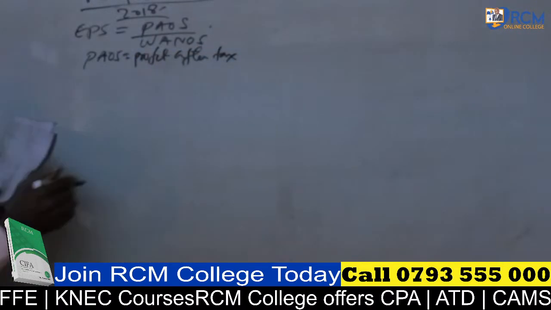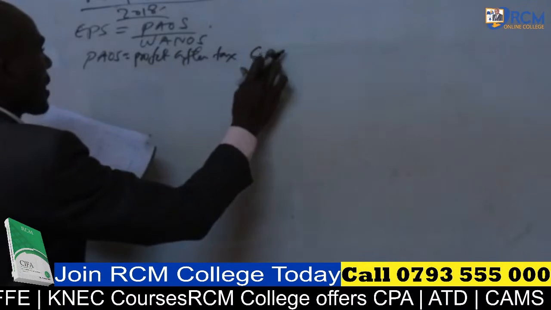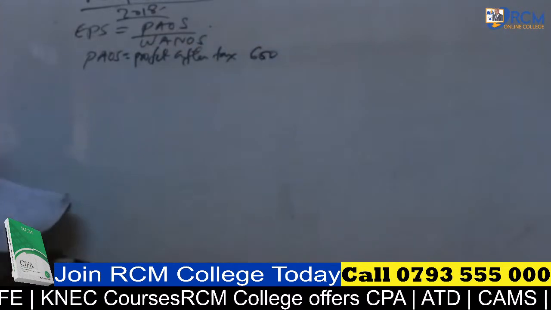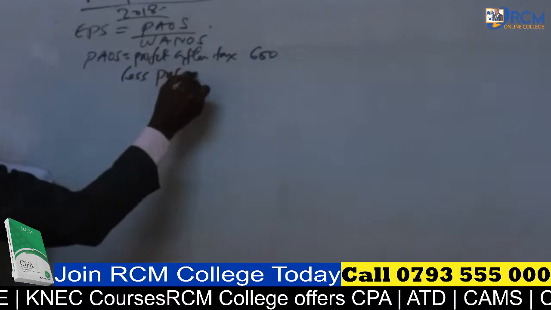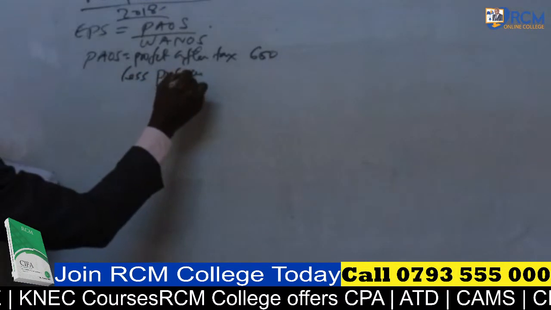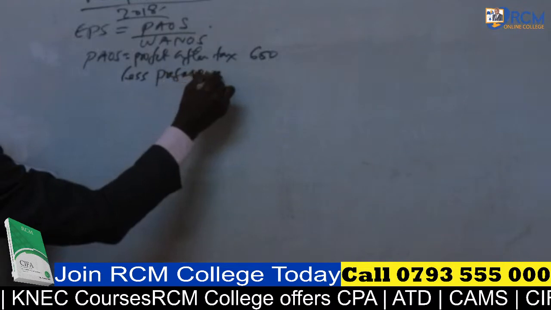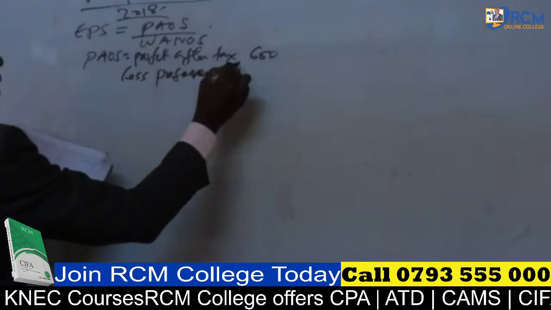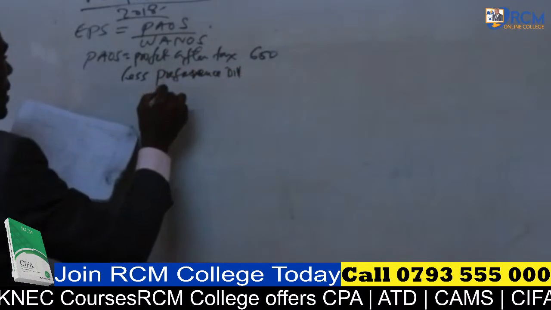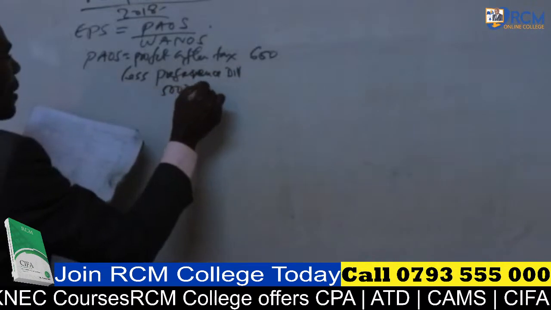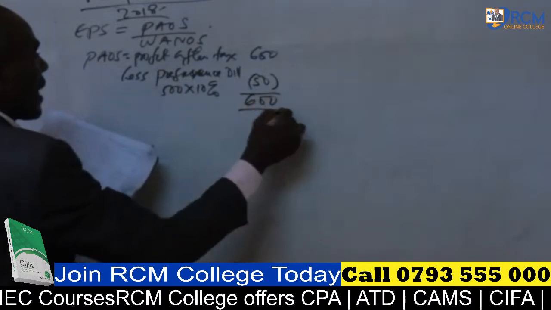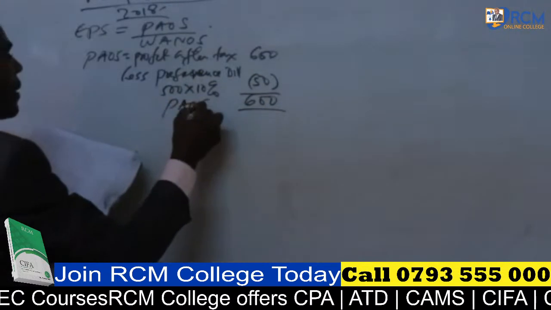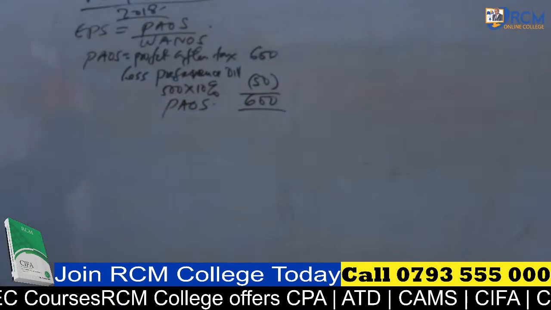Profit after tax, I have it as 650. Less preference dividend, which is 500 times 10%, which is 50. Therefore, I'm getting 600 as my earnings.